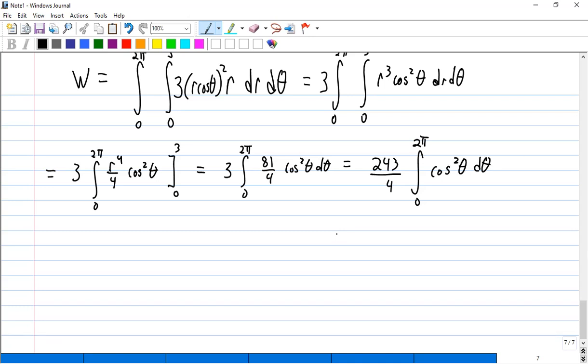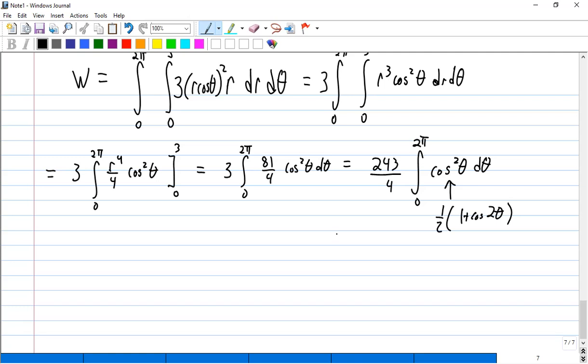Now for the integral that most of you have forgotten. Hopefully not. I want to think that I've taught you at least one or two things. But remember, cosine squared is 1/2 times 1 plus cosine 2 theta. You can't just integrate cosine squared.